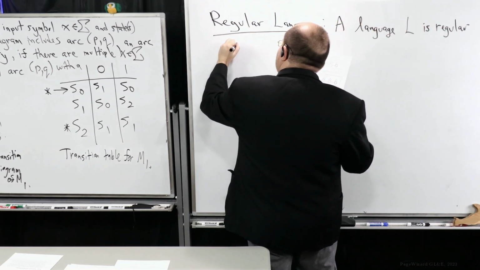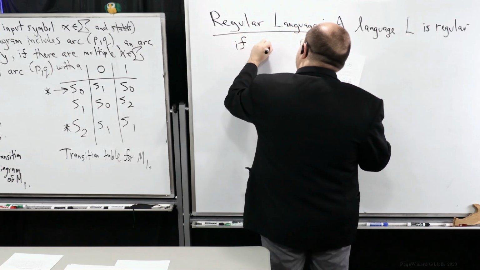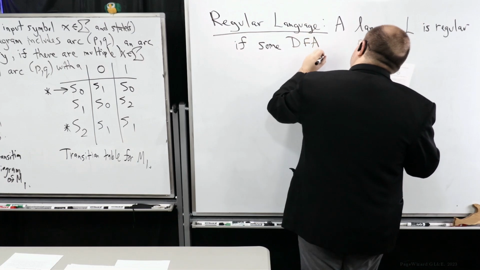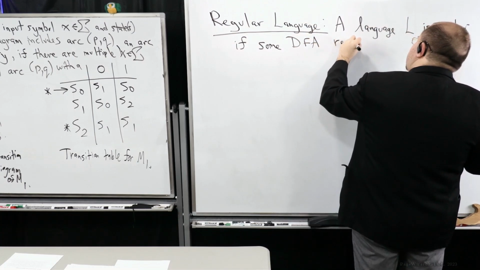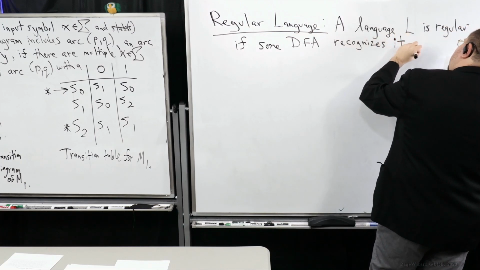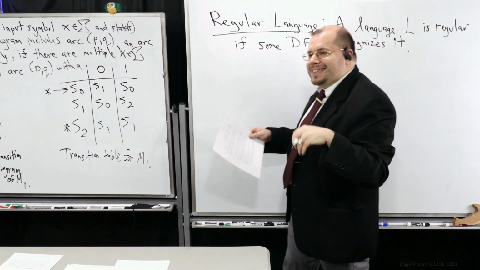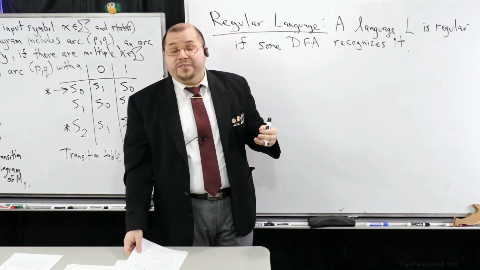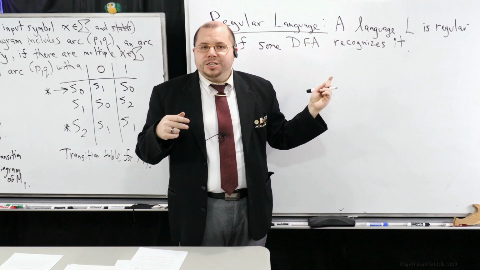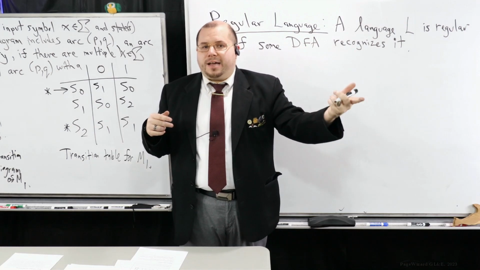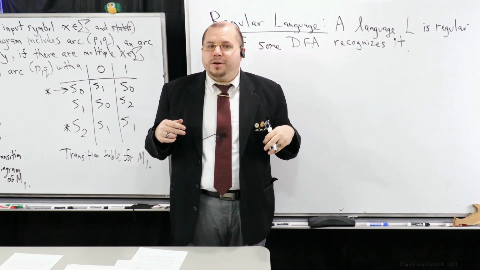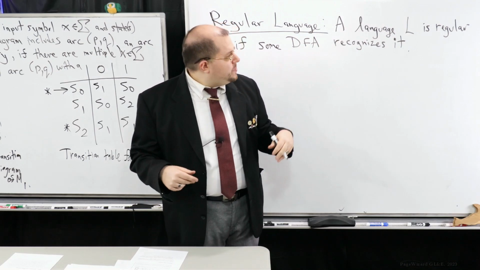It's regular if some DFA recognizes it. That means that you could design or discover a DFA that, for every input of that language, should be able to accept. So it recognizes that input, and every input that is not in that language, it rejects.